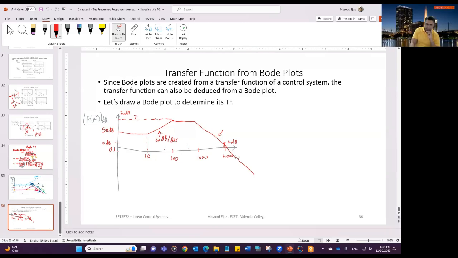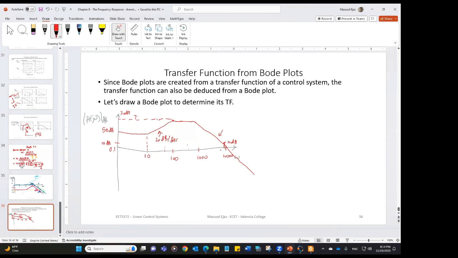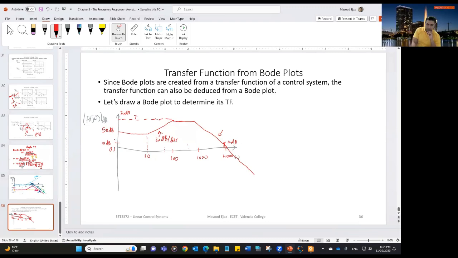Just by looking at the values that you see, what will be the slope of this line? There is no second order equation involved here because you don't see any peak or anything. But what will be the slope of this line? Negative 60, because it's going from 70 to 10, a drop of 60 decibel. So that's going to be negative 60 decibel per decade. From 1000 to 10,000, it is dropping from 70 decibel to 10 decibel. So negative 60 decibel per decade.